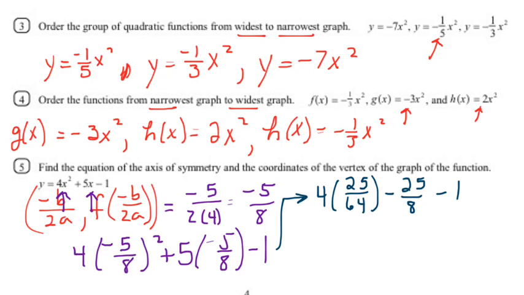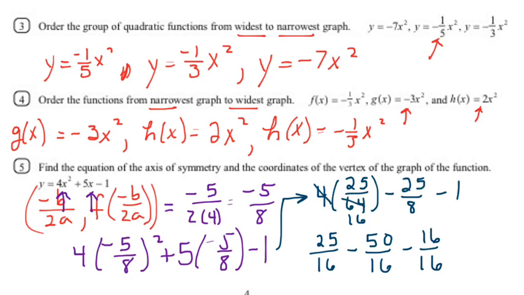Okay, 4 goes into 64 16 times. So I've got 25/16 minus, getting a common denominator, 50/16 minus 16/16. So I just have to add all those things up. 50 plus 16 is 66, negative 66.